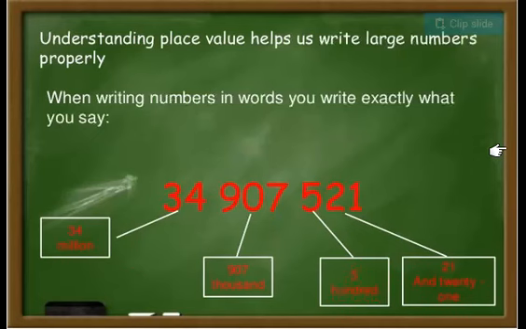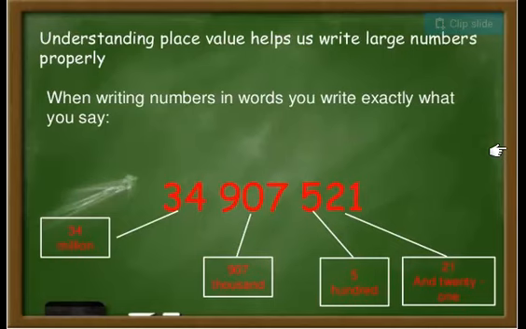Next, understanding place value helps us write larger numbers properly. Suppose, let me tell you two examples. Suppose one is 428 and one is 28. How can we identify which one is the larger number? We'll count from right to left.